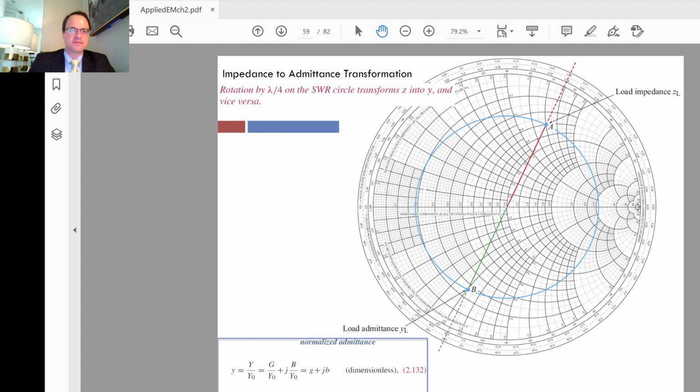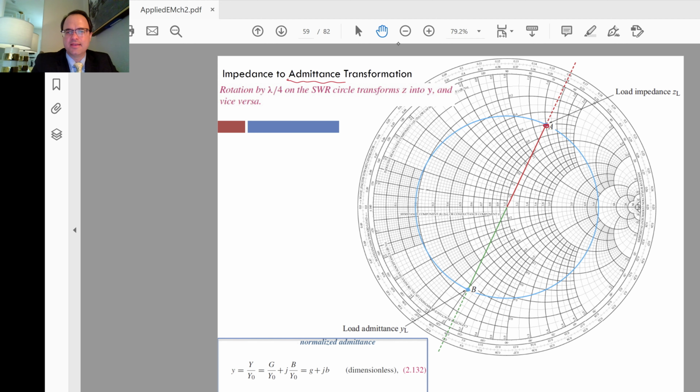We can get some additional pieces of information. Besides impedance, we can also get admittance from this Smith chart. The impedance to admittance transformation is really easy. Basically, we just go in reverse.